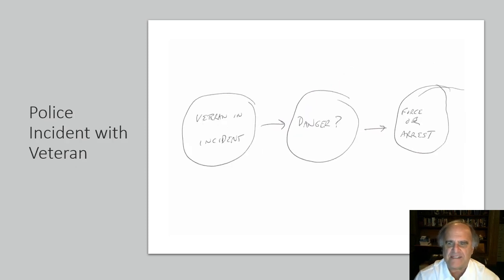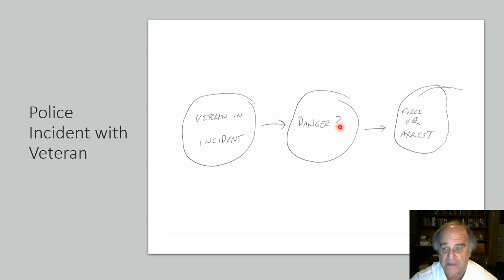Here would be another example. I've given this before. This is a police incident with a veteran. We argue that when a police officer sees a veteran involved in an incident, they're going to have to make a decision as to whether to use force, whether to arrest the person. So they're going to have to make various decisions. Well, what's the mediator?